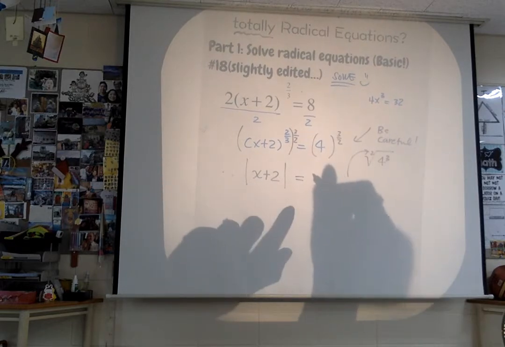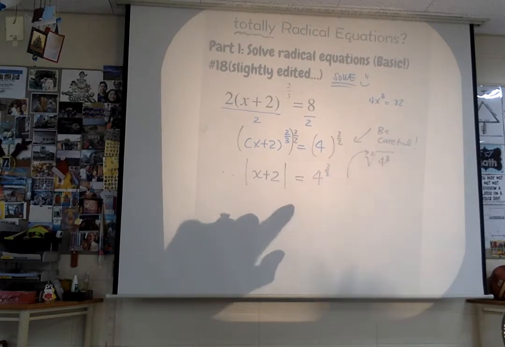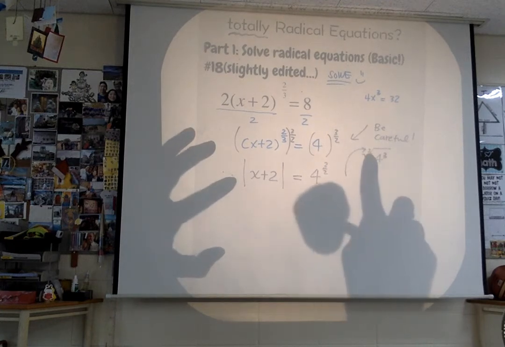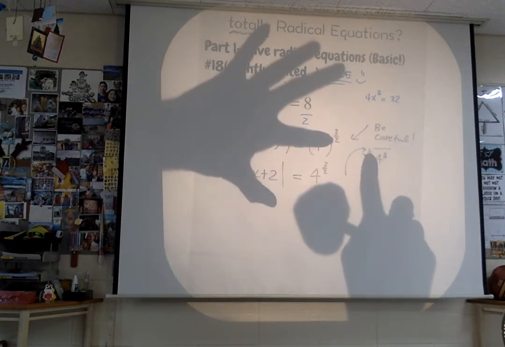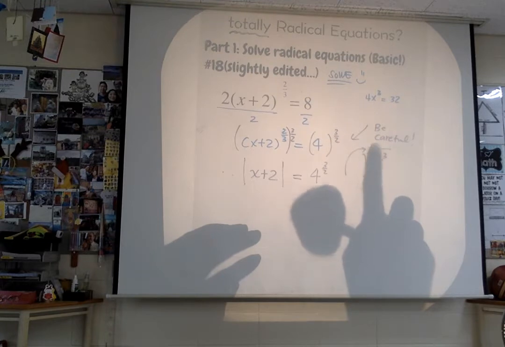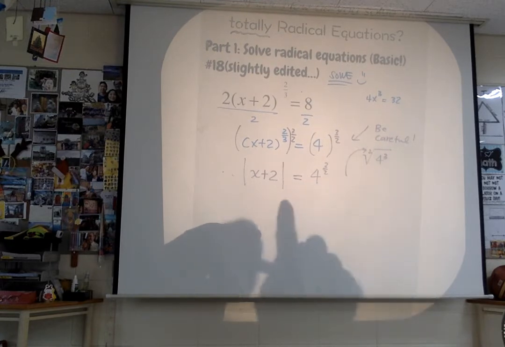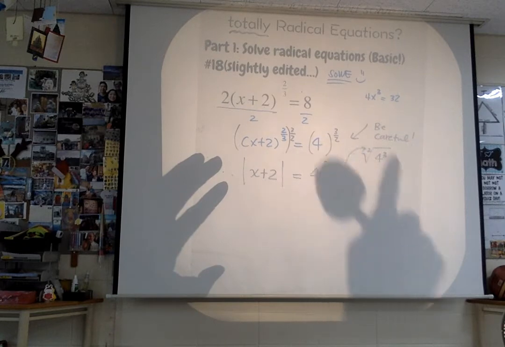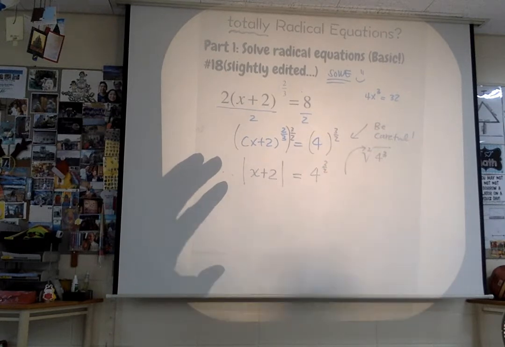So it's going to equal 4^(3/2), and that's going to equal x + 2. Whenever the index of the nth root is even, you have to account for both the positive and negative cases on the x + 2 side, because when you take the square root of something like this and solve for x, you're going to get 2 values.